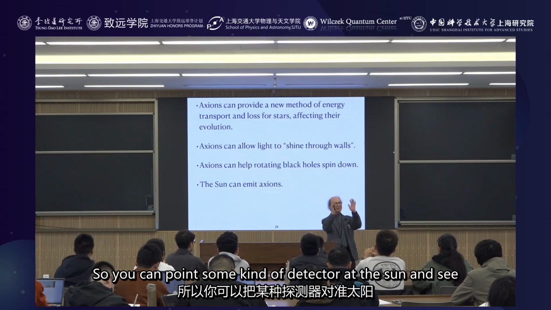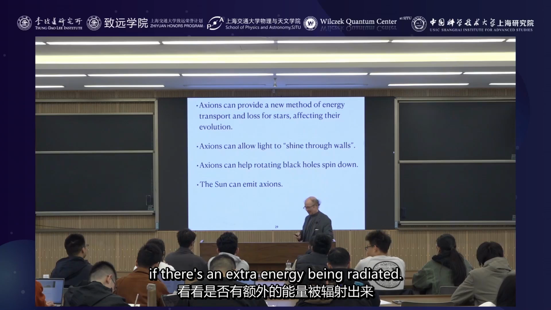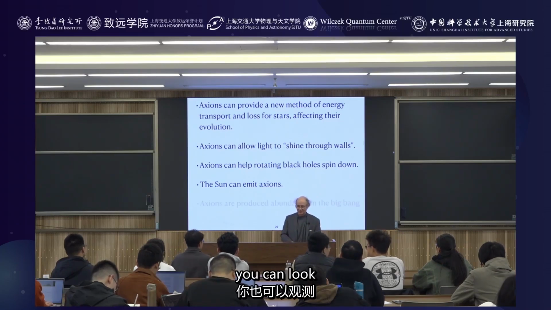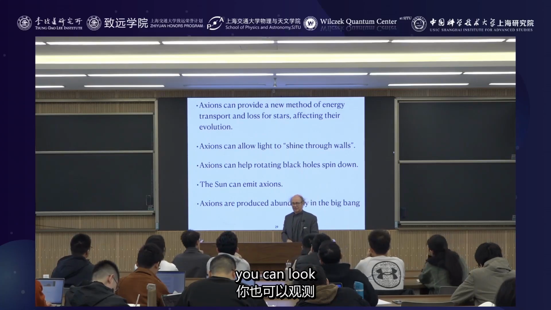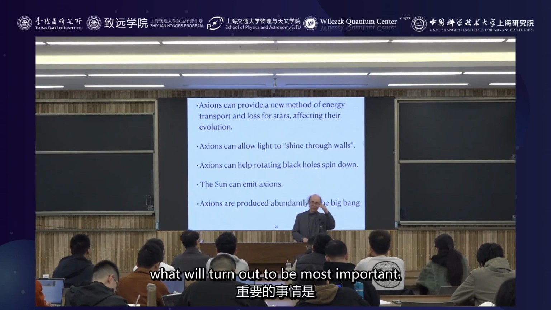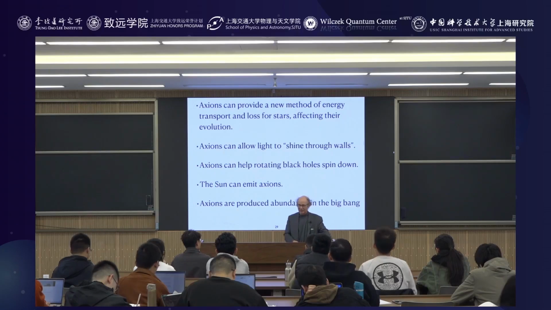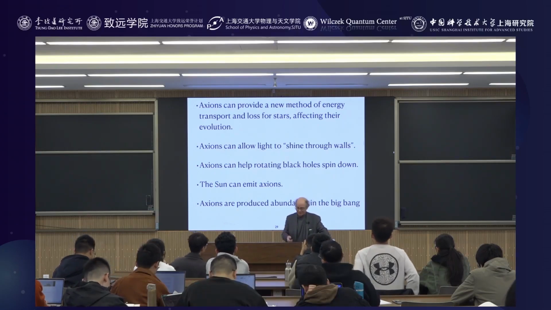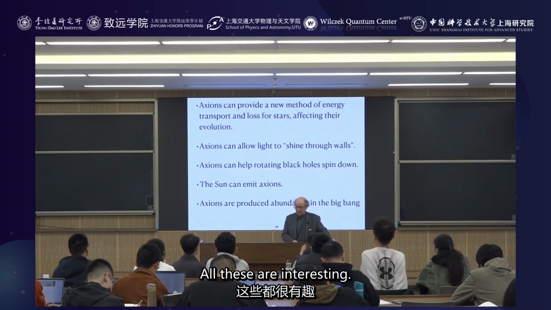So you can point some kind of detector at the sun and see if there's an extra energy being radiated, even if it's very small, you can look. And then finally, what will turn out to be most important, axions are produced abundantly in the Big Bang. I think that will be the most important. All of these are interesting.